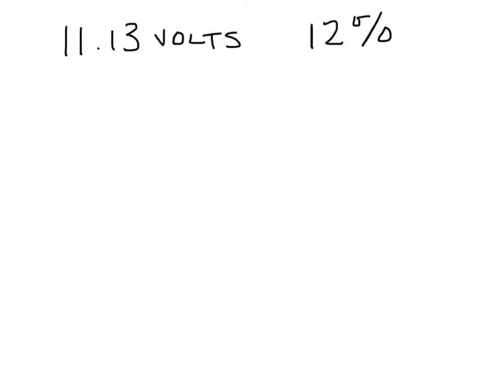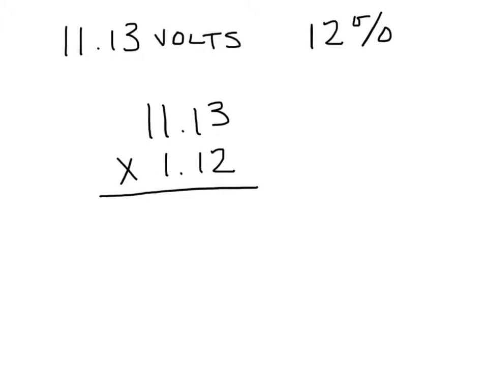So, to determine when it's going to break, which is the question being asked, we're going to take our voltage, 11.13, and multiply it by 1.12. The 1 at the beginning here is so I don't have to add that 12% on. The answer will be complete as written.